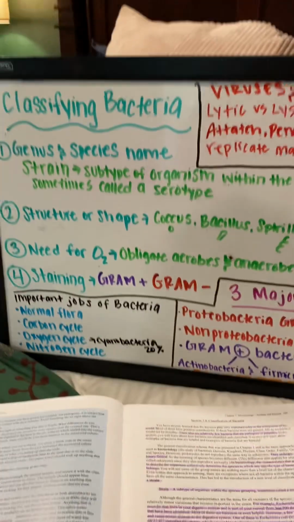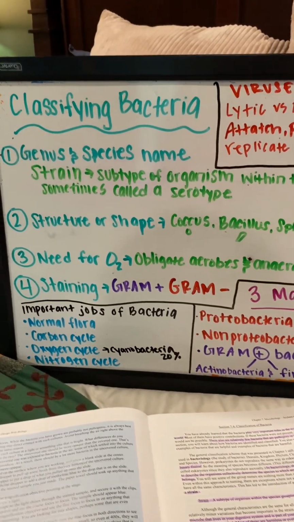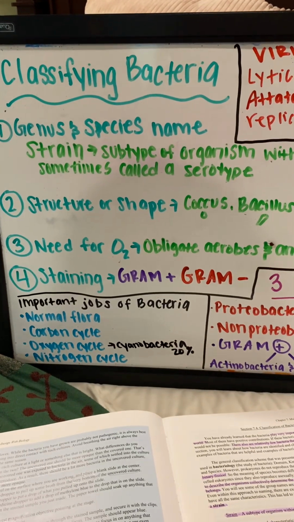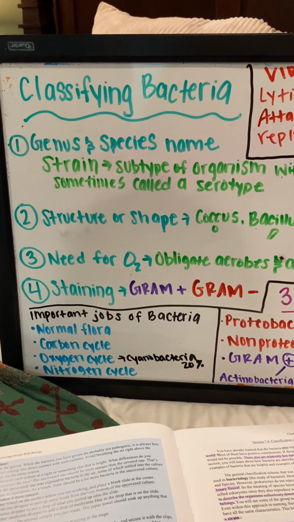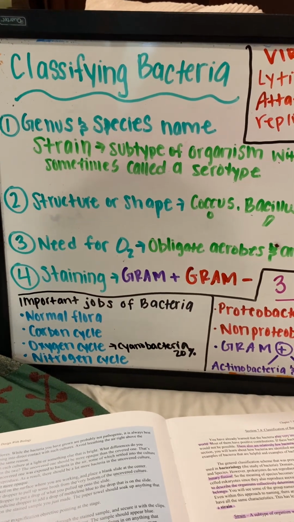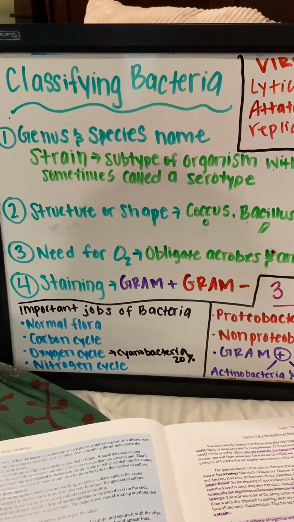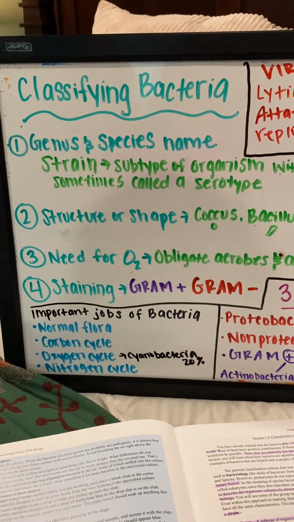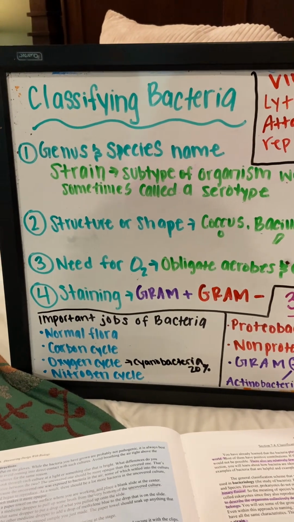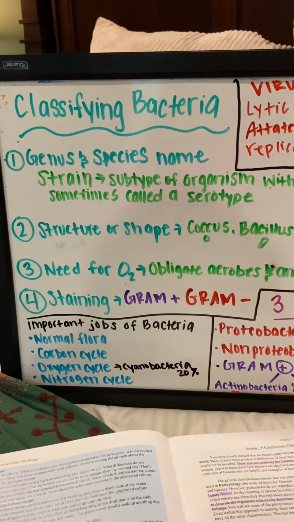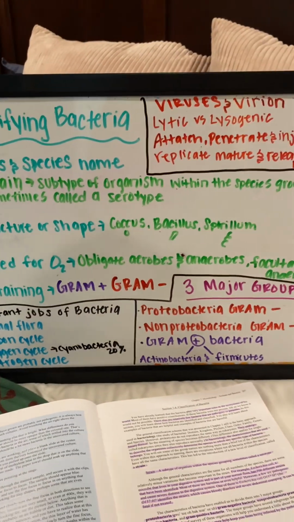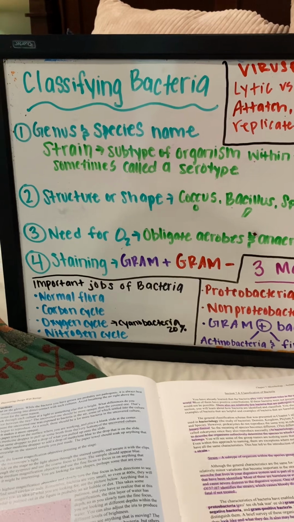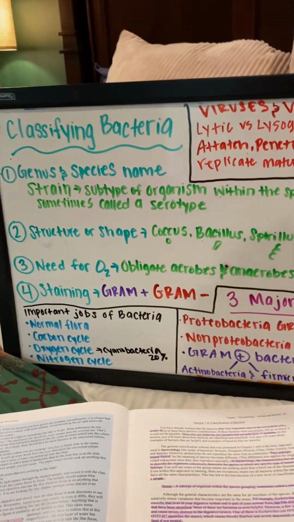But jumping back a little from that, let's talk about bacteria in general. There's different ways we classify. We learned some of that last week. One is by their genus and species name, okay? And then even deeper than that, they will call them strains. You heard that, oh, there's a new strain of COVID out. A strain is a subtype of the organism within its own species group, and it's sometimes called a serotype.